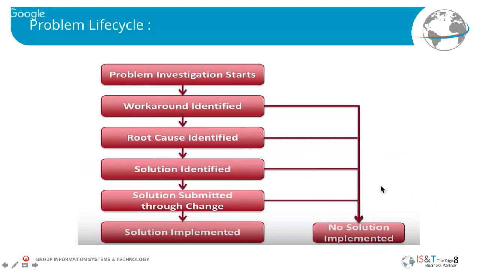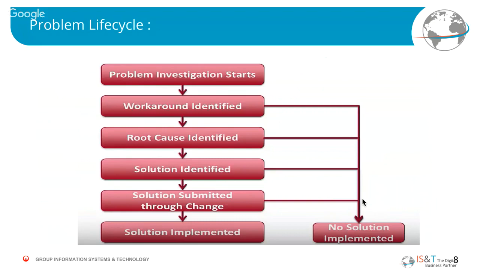But sometimes there will be no solution to implement. If we cannot find the root cause, we cannot find a solution. Or maybe the solution that we found is too expensive, or it's not the right time to implement it, or for other reasons.